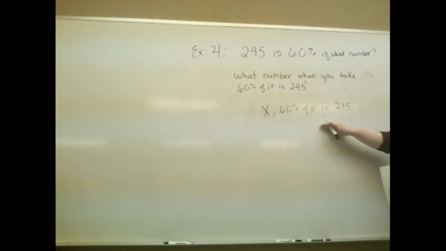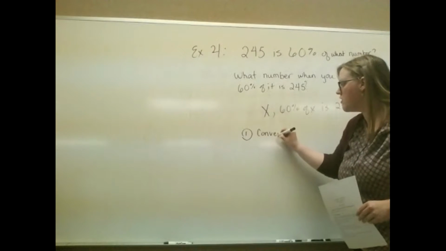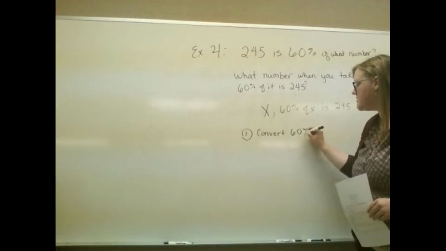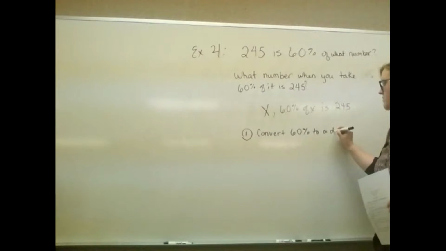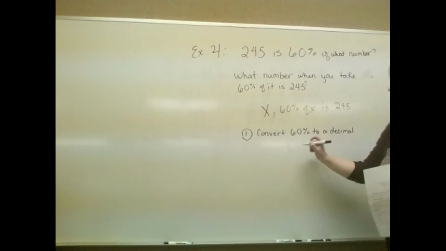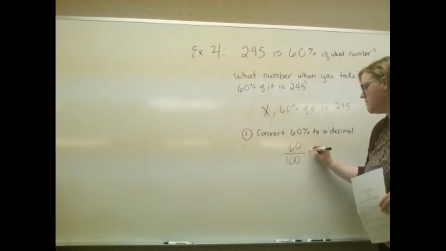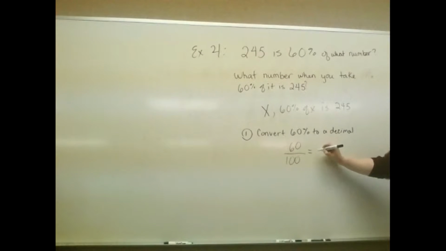All right, so now that we have this, the first step is to convert 60% to a decimal. To convert it to a decimal, you take 60 and divide it by 100 in your calculator, and that's going to give you 0.60, okay?